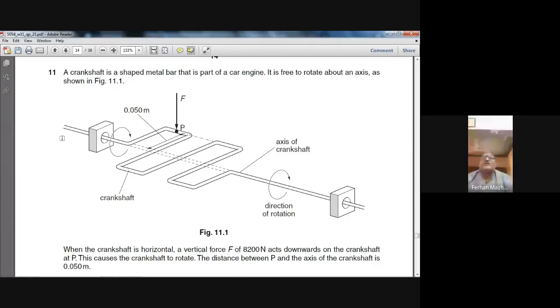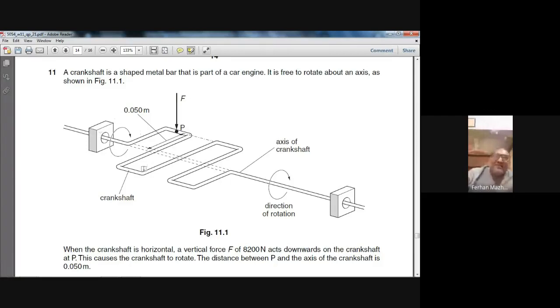The distance between P and the axis of the crankshaft is 0.050 meter. But it's very simple. This story might look difficult to you, this diagram might look difficult to you, but the actual thing is very simple.